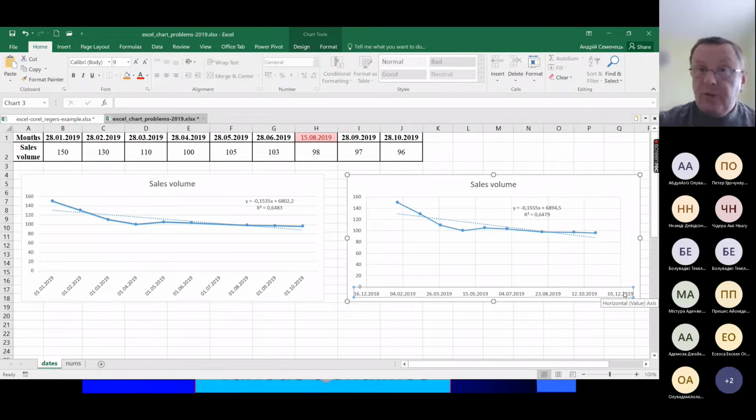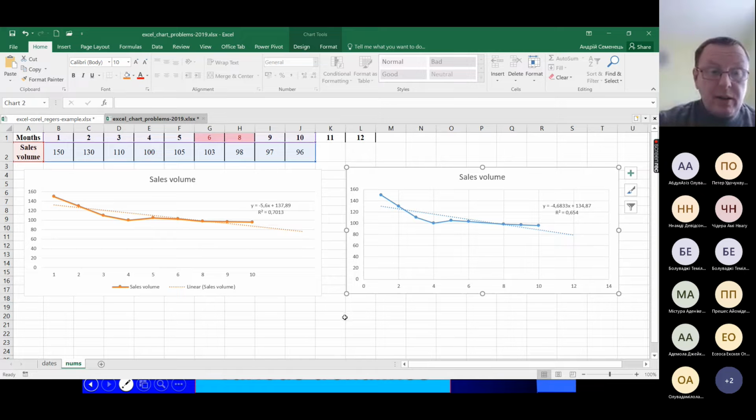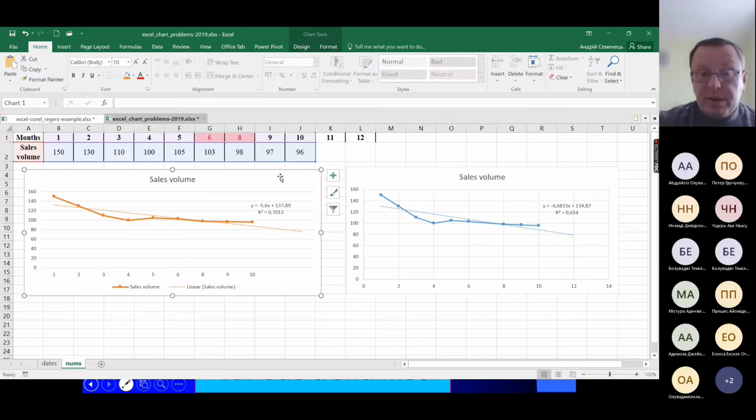So if you are forced to use exact date values, it is only correct to use a scatter plot. A similar situation is when you are allowed to use intervals. Again, if the measurement interval is every time the same, like one period is the same, no matter seconds or months, there will be almost no difference between line and scatter plot usage.